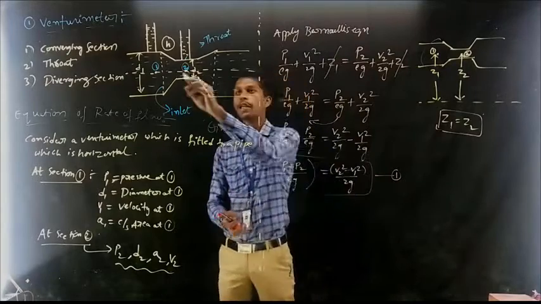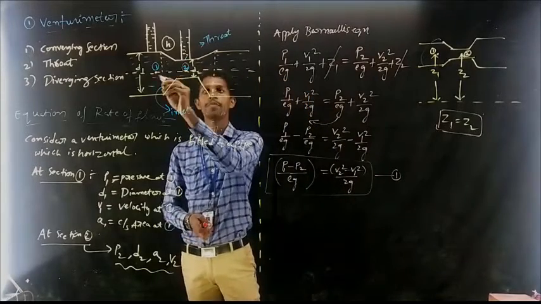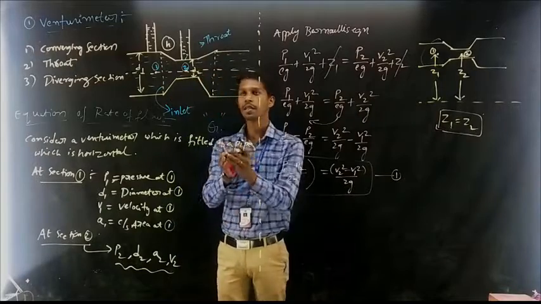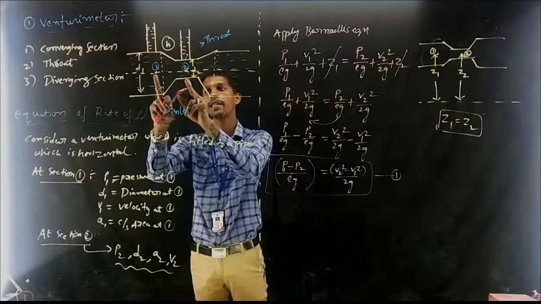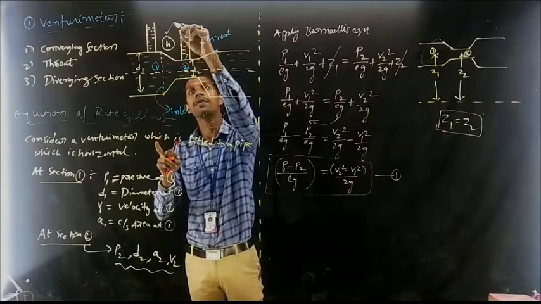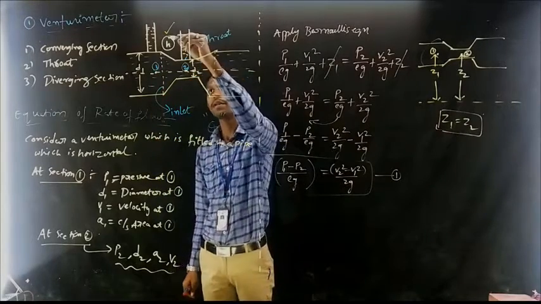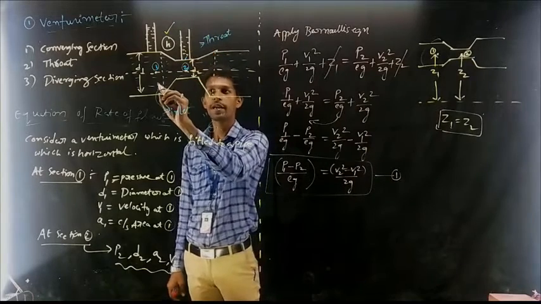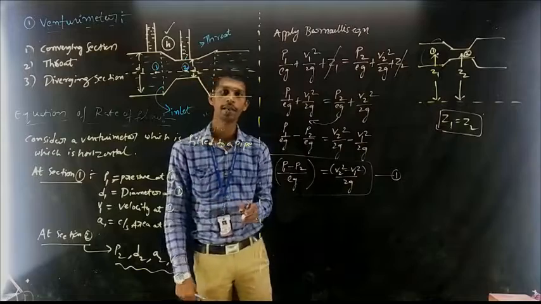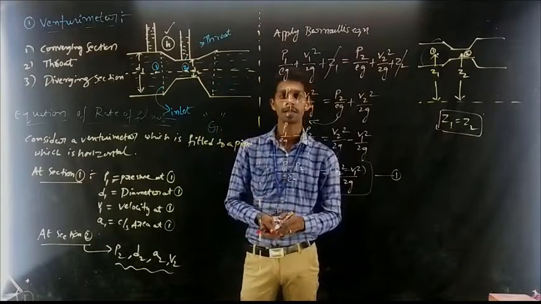In this particular pipe section, we have the pressure difference, the difference of pressure heads at the 2 points, which we denote with the letter small h. So small h denotes the difference of pressure heads between the 2 points, which is nothing but the pressure difference.